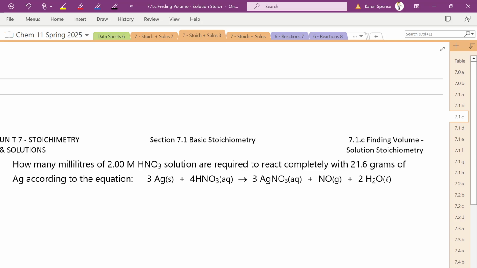Okay, we have synthesis. Only one function, that's it. Single replacement. Element.